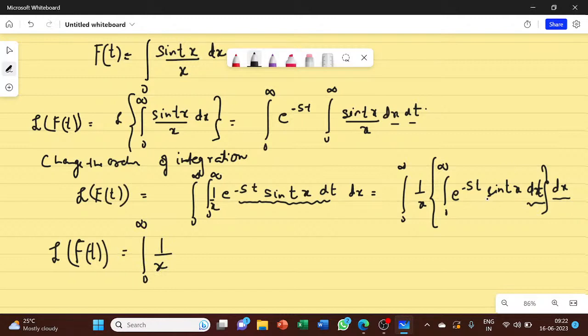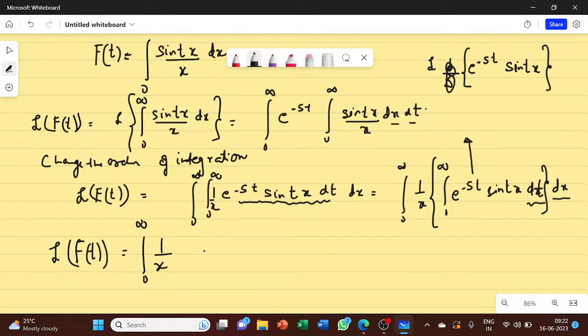What would be this integral? This integral we have evaluated quite many times. I'll do it for you now. It is the integral of e to the power minus st sin tx dt, which is simply the Laplace transform of sin tx.